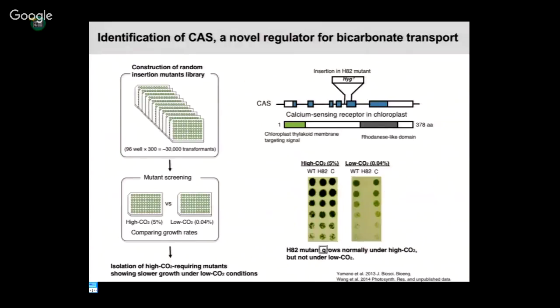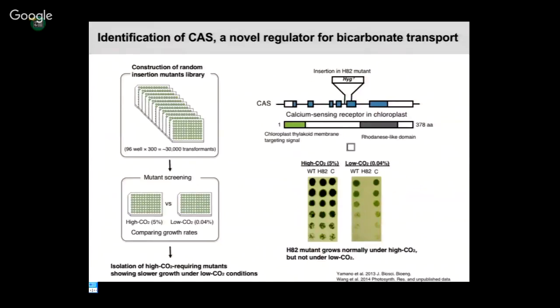Of course, initially he said to me, 200 mutants I isolated, oh, it's really good mutant. So I recommended him to focus on a single mutant. A very clear phenotype is very important. This mutant H82 has a very clear phenotype: it can grow under high CO2, but not so well under low CO2.